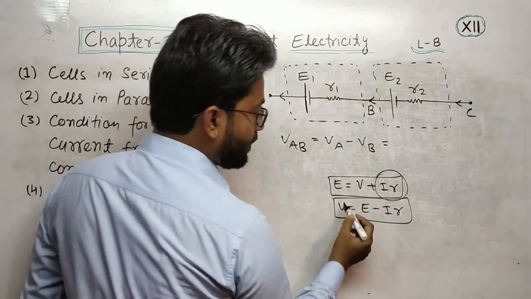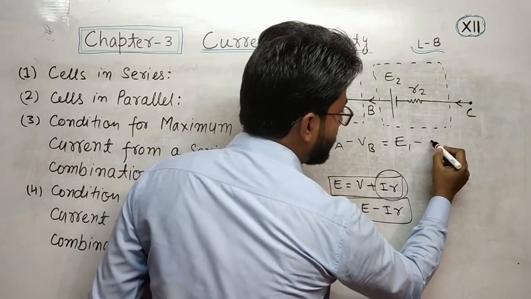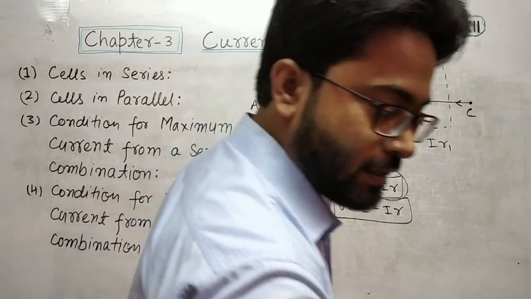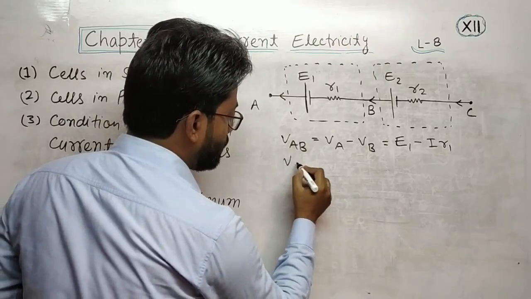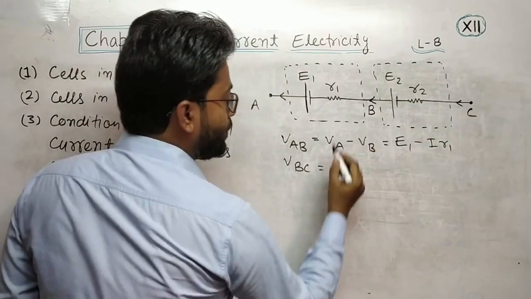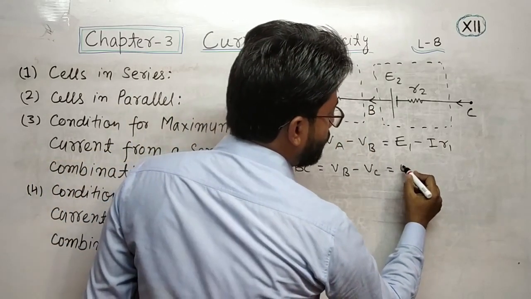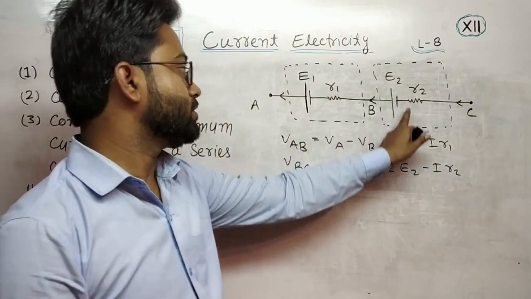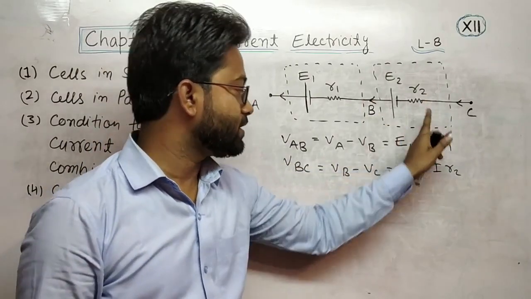Applying this formula, we can write the potential difference across AB: VA minus VB is equal to E1 minus IR1. Same, we can write VB minus VC is equal to E2 minus IR2, because the EMF across B and C is E2 and the internal resistance across B and C is R2.